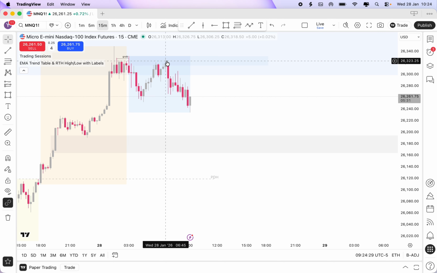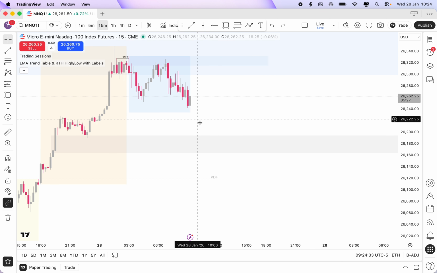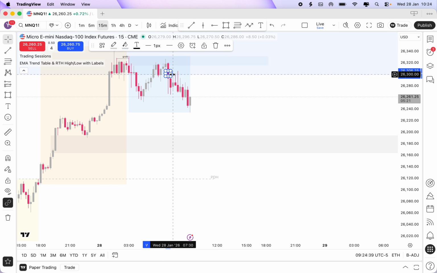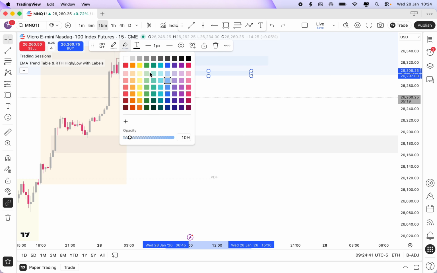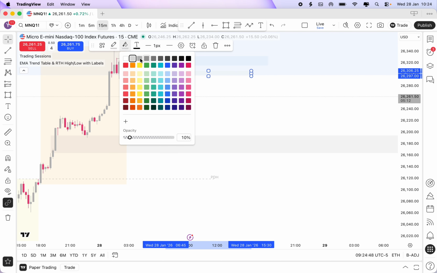And then see, we retested it and then we head back down. So we could see that that order block has some strength. Okay, so I'm not 100% sure what's gonna happen here, as always.